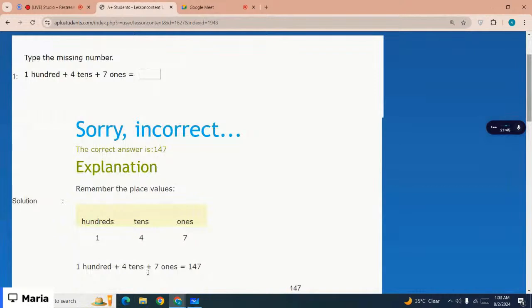You are given 100, 4 tens, and 7 ones. So you have to write down the number.